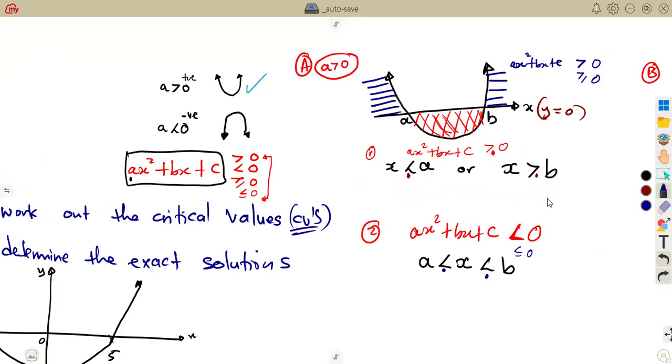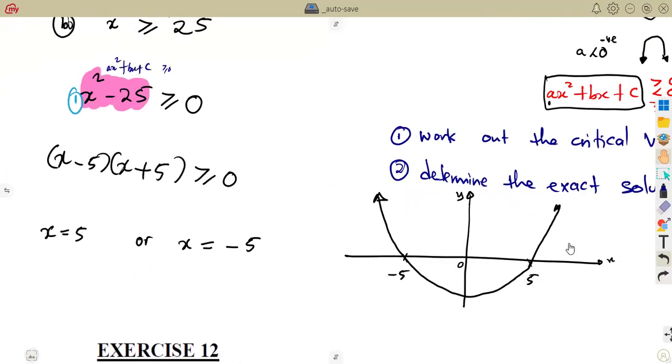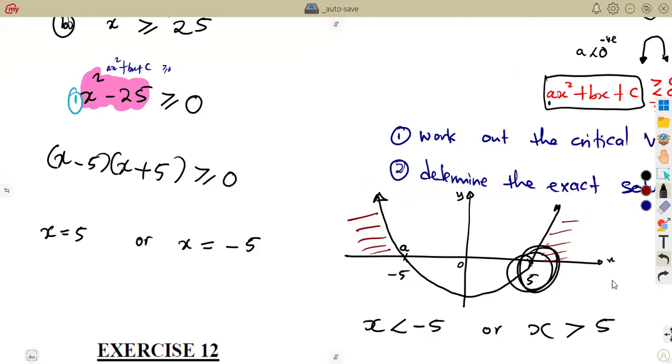There are two solutions. So be careful there. This will be written as: x is less than a, but this is a number now, which is minus 5. So x is less than minus 5, or x is greater than positive 5 on this side.